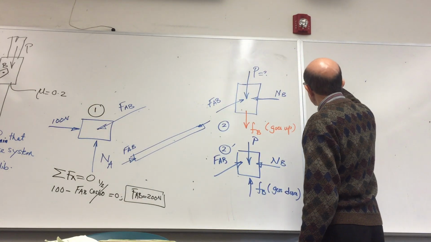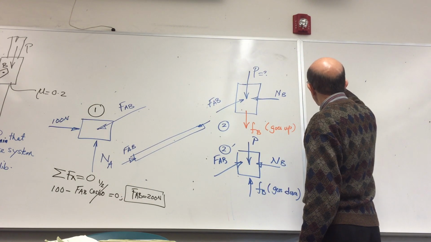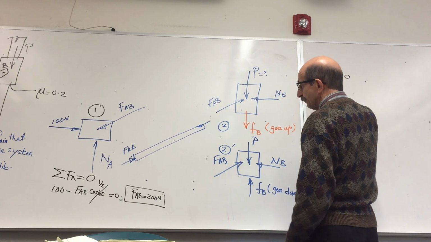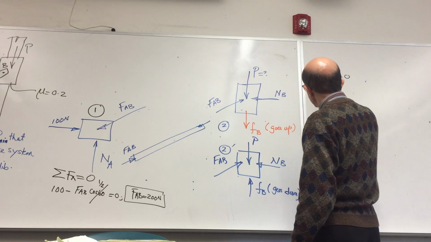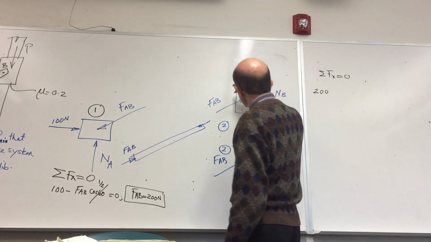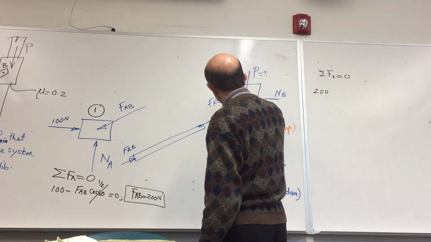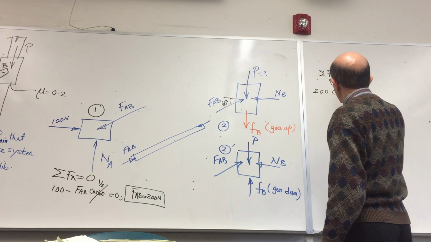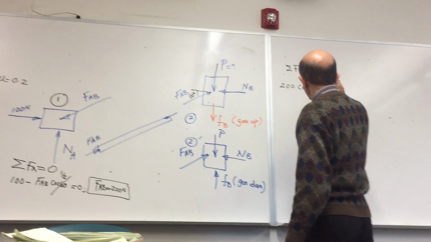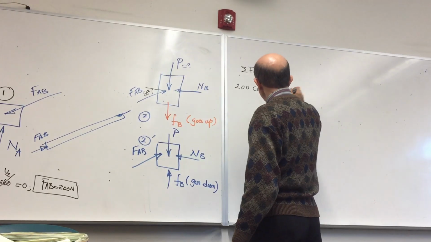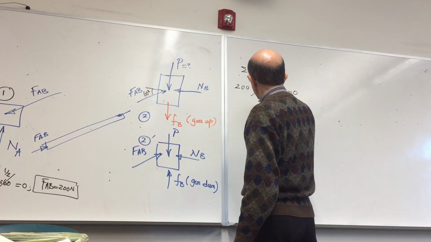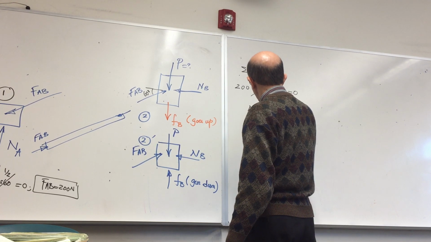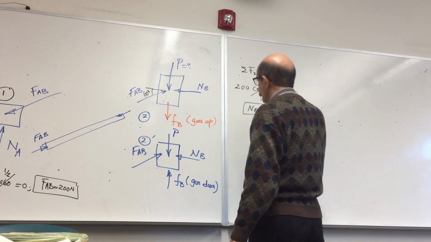I will just write summation of forces along x equal to 0. So I have F_AB, which is 200, and this is 60 degrees. So 200 cosine 60 minus N_B equal to 0. So this is 1/2, and N_B is 100 Newton.